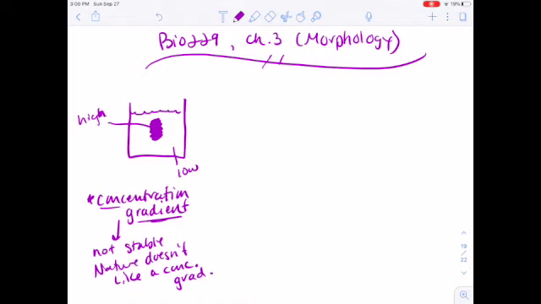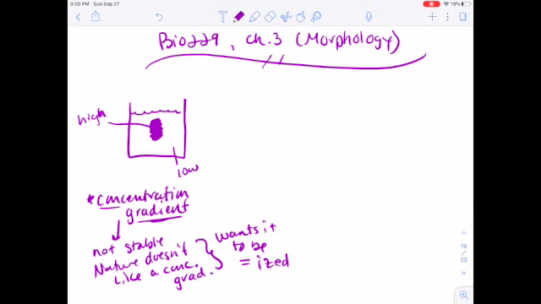Nature does not like a concentration gradient because it's not stable. Nature wants it to be equalized. That's right, you just saw me spell a word with an equal sign.